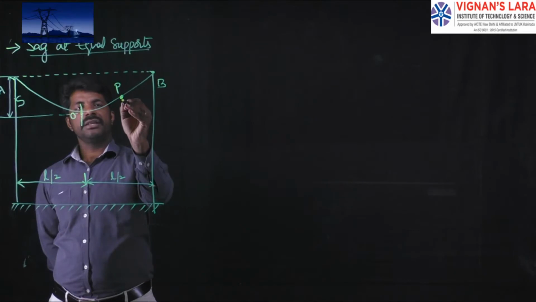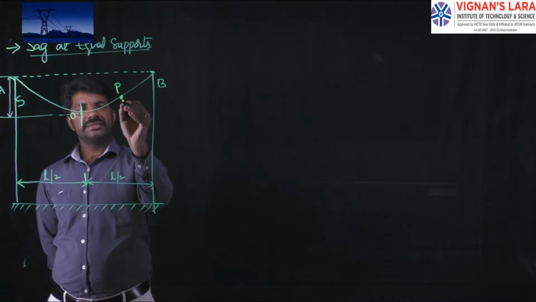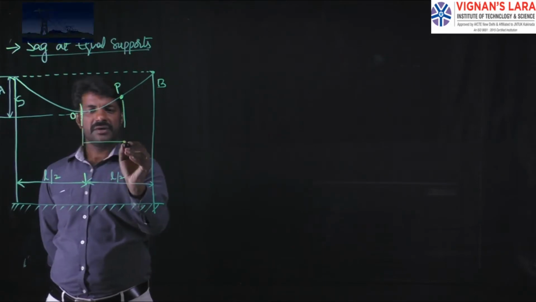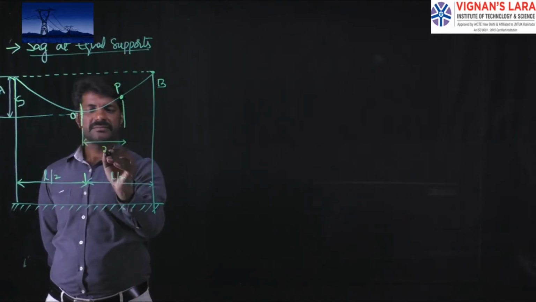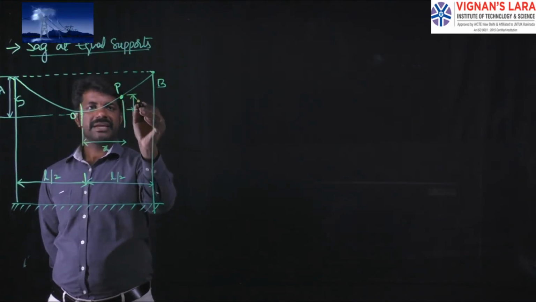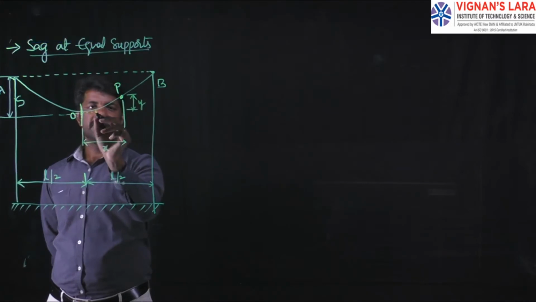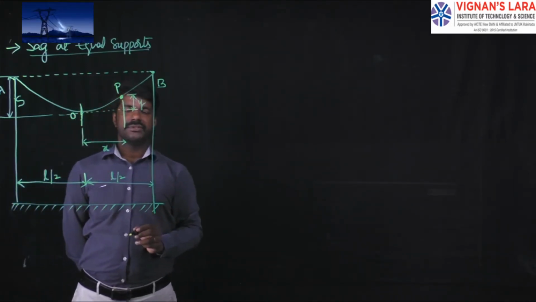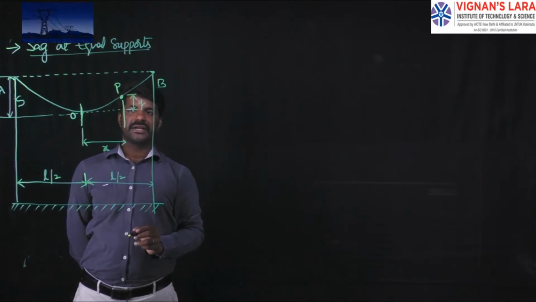Therefore the point P is assumed at a distance of x meters and at a height of y. So x and y are the coordinates of the point P, measured from the lowest point of the conductor.